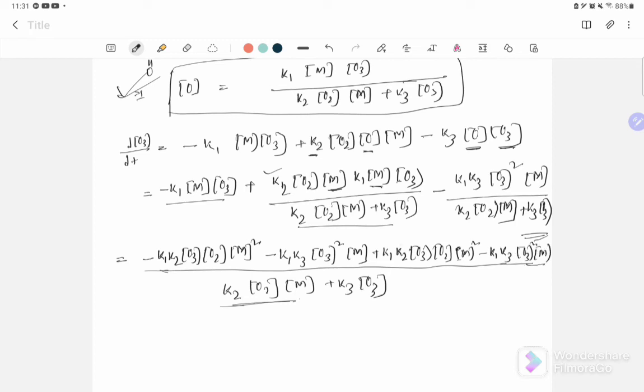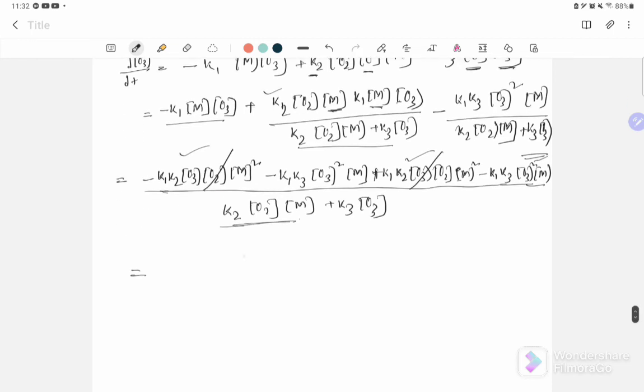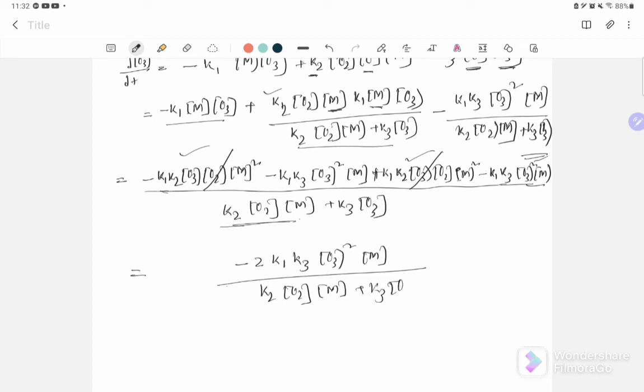So you can see this term and this term are the same, but opposite in sign, so this term will cancel out. So our expression is 2 K1 K3 [O3] squared [M] by K2 [O2][M] plus K3 [O3].